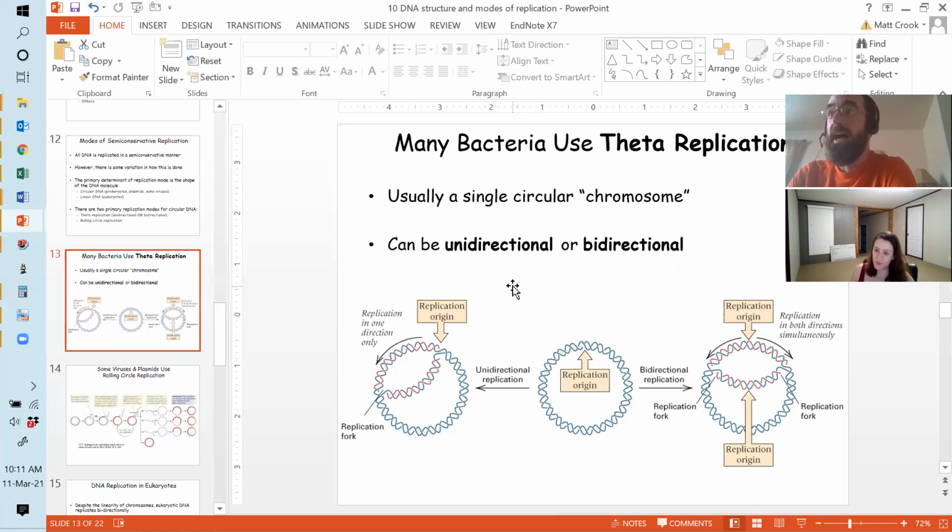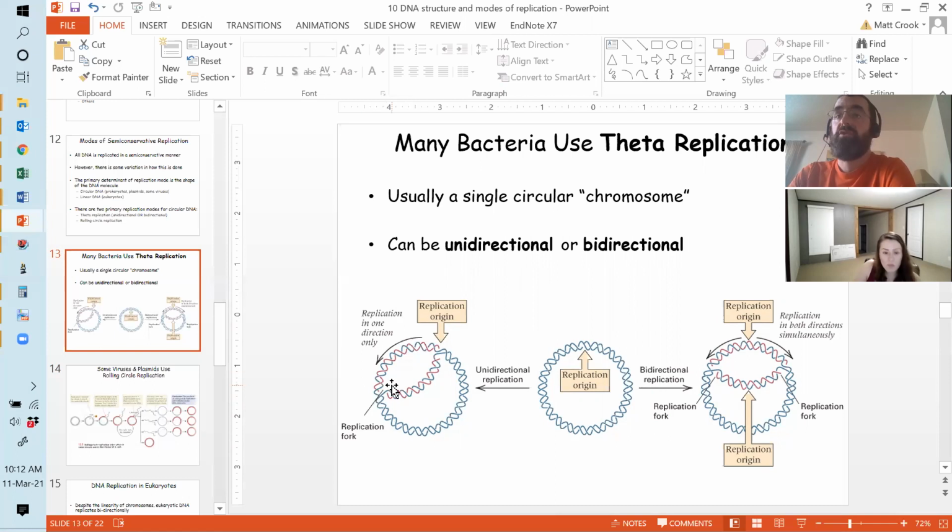apart from math. Anyway, in bacteria, we have a single replication origin, or origin of replication. It's called oriC. And then you can have either unidirectional or bidirectional replication. Essentially the replication fork and the machinery are the same in both.